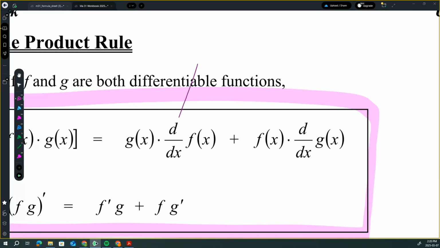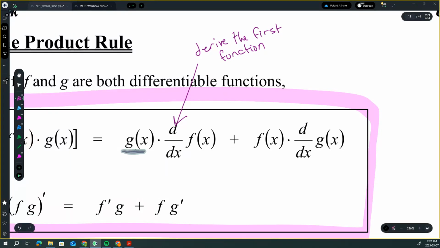Okay, so derive the first function. And then this one, you don't derive it. Maybe I'll do that in a different color. You leave the second function alone for the first term. Let's say don't derive.